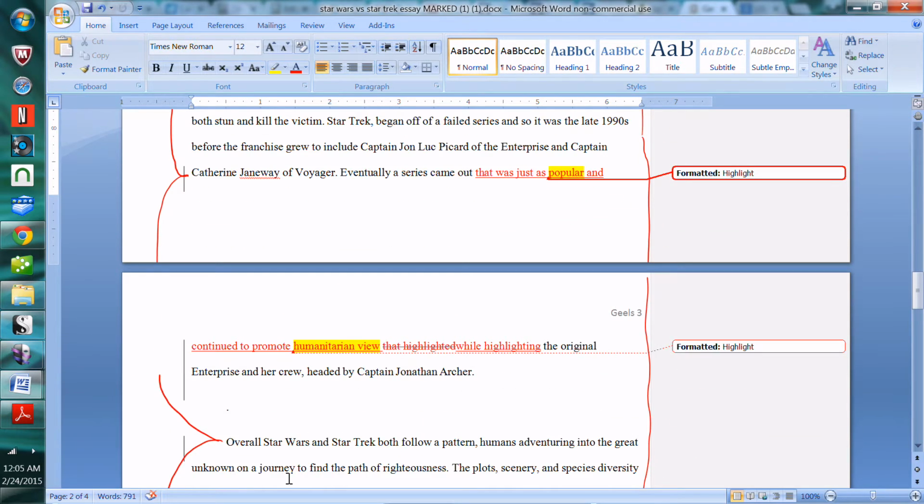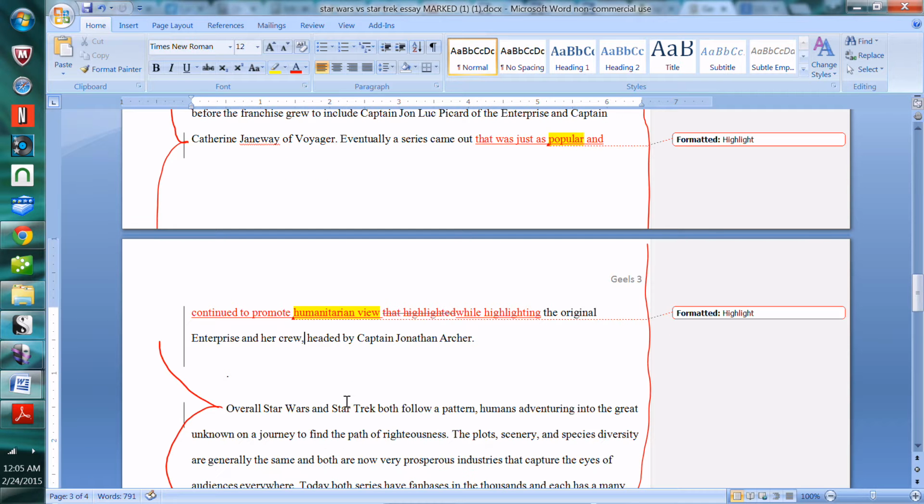And then we're going to go into our next paragraph and we're going to try and bring in 2 or 3 words here. Eventually a series came out that was just as popular and continued to promote humanitarian views while highlighting the original Enterprise and her crew, headed by Captain. Overall, Star Trek and Star Wars both followed a pattern, humans adventuring into the great unknown on a journey to find the path of righteousness.